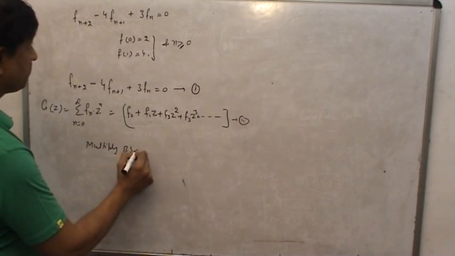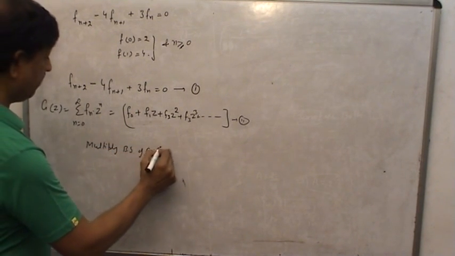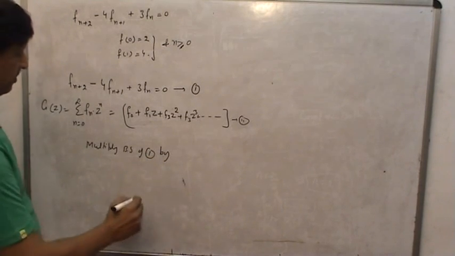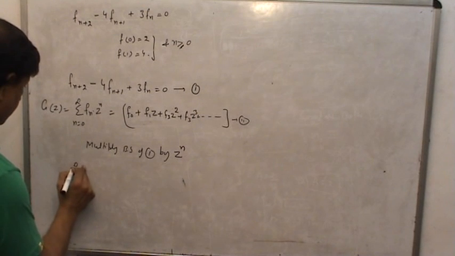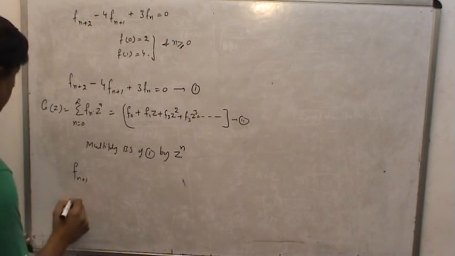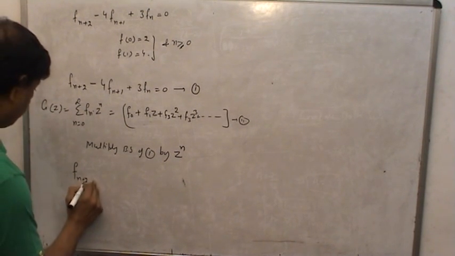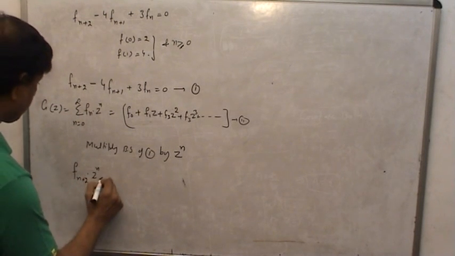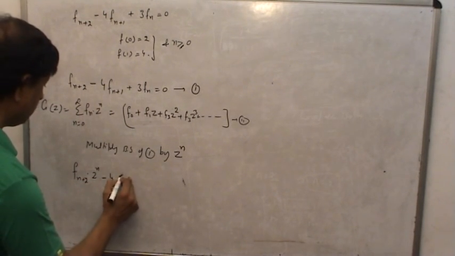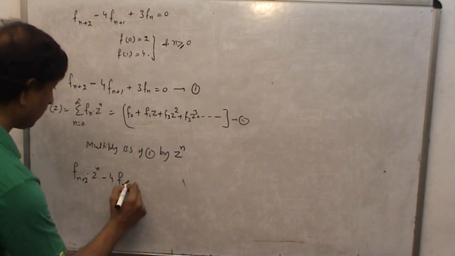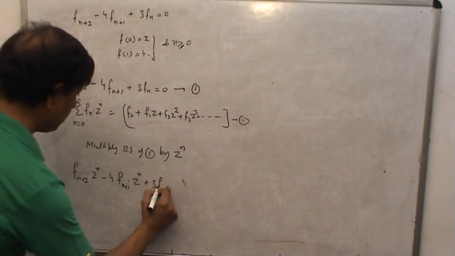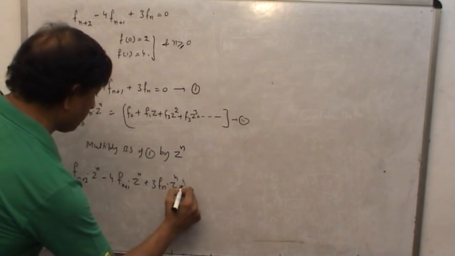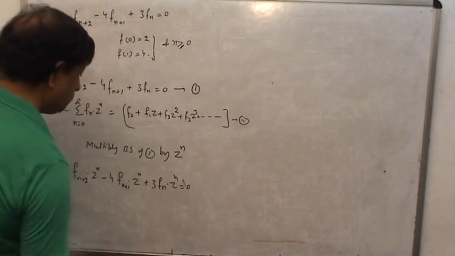Multiply both sides of 1 by z raised to the power n. We see f(n+2) z raised to the power n minus 4 times f(n+1) z raised to the power n plus 3 times f(n) z raised to the power n is equal to 0.